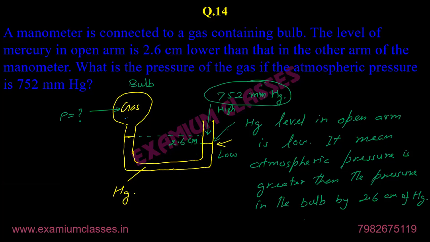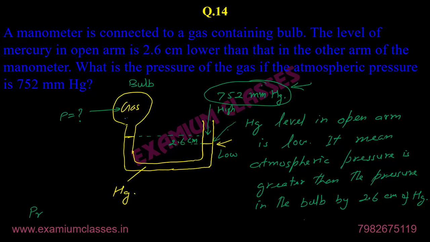And mercury length can be represented in terms of pressure. If it is 76 centimeter, it is equal to 1 atmospheric pressure. But here we are comparing with the length of the mercury itself. The pressure is already given in terms of length of mercury column.